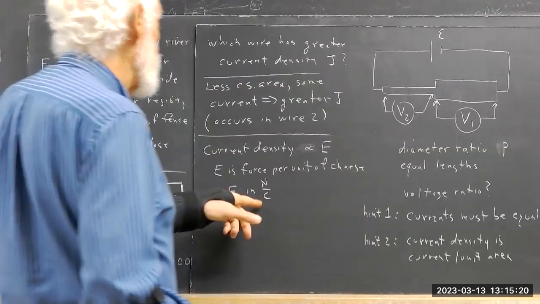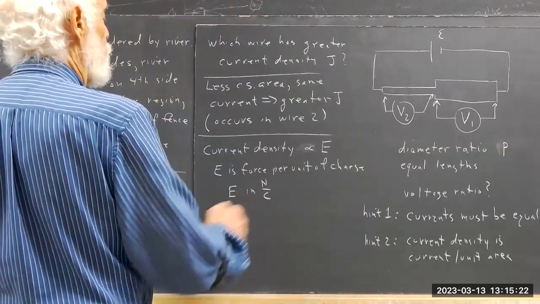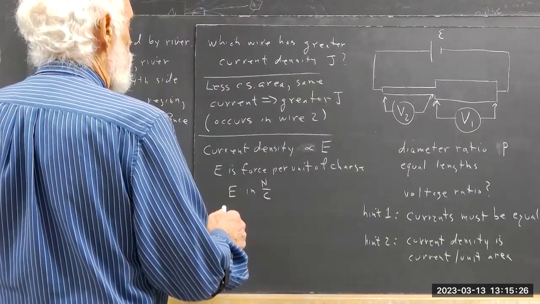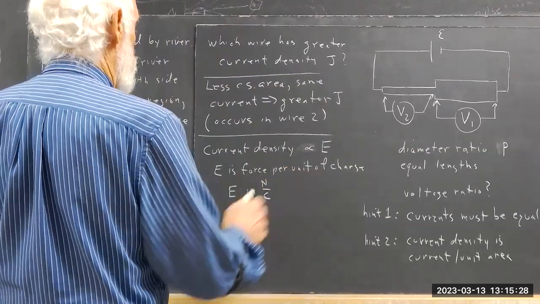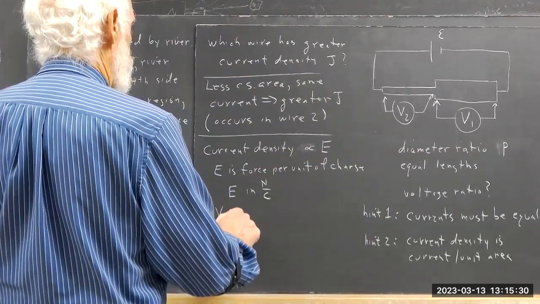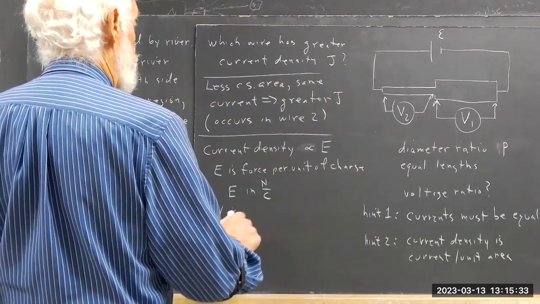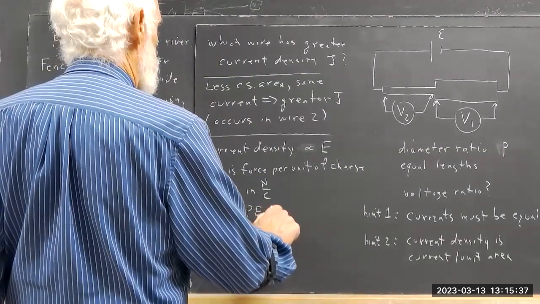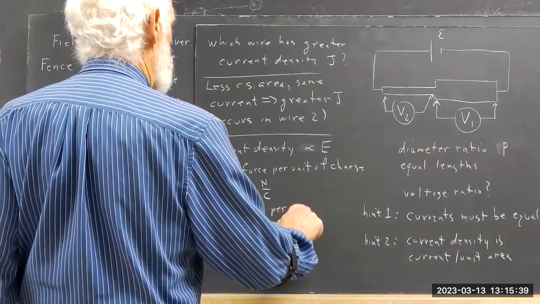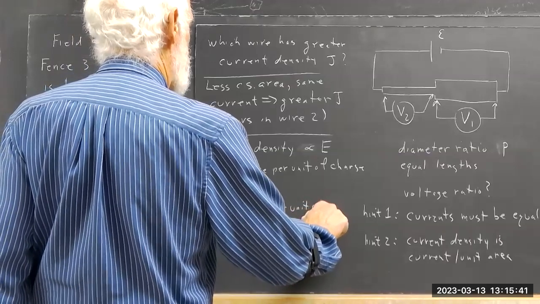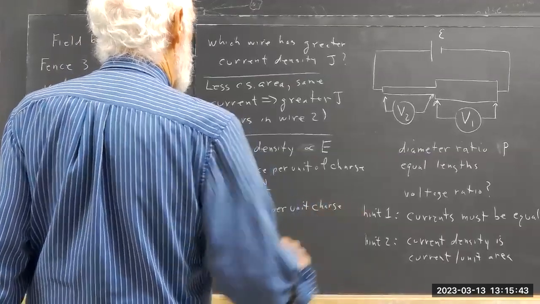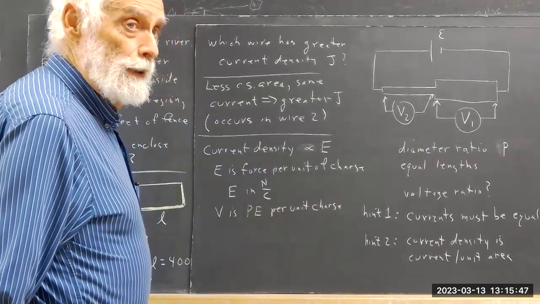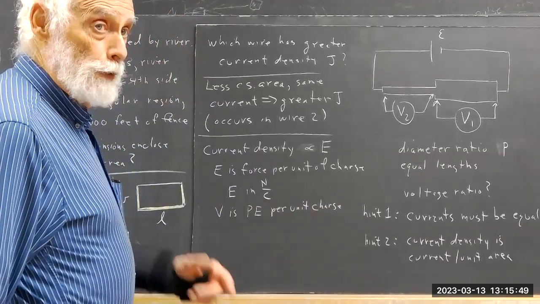There's your field in newtons per coulomb. Force per unit of charge. Potential is the work done per unit charge, equal and opposite to the work done by the field on the charge.